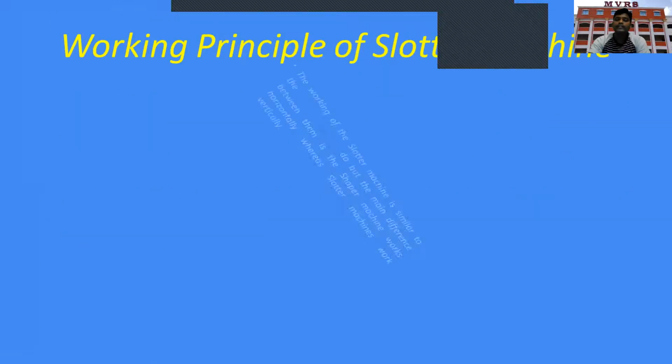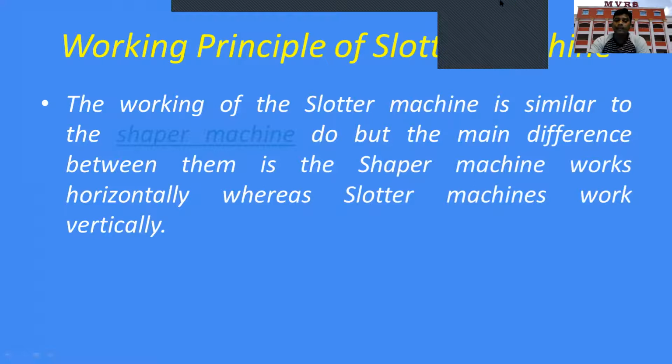Now we are discussing the working principle of a slotting machine. You can see that the working of a slotting machine is similar to the shaper machine, but the main difference between them is that the shaper machine works horizontally, whereas the slotting machine works vertically.